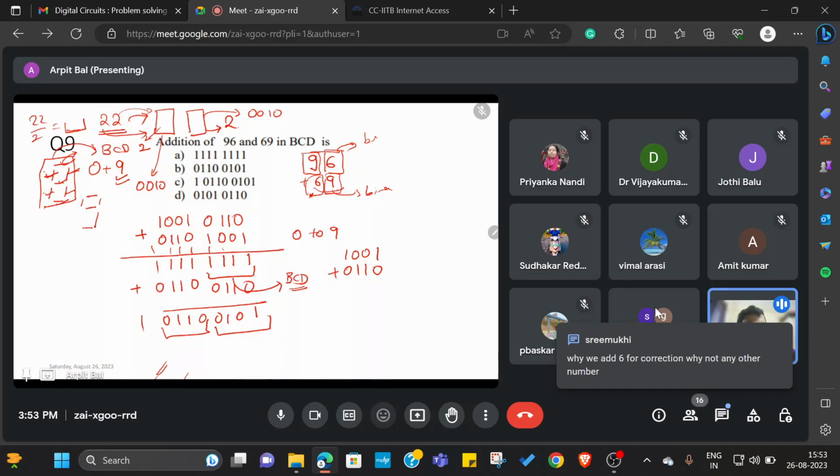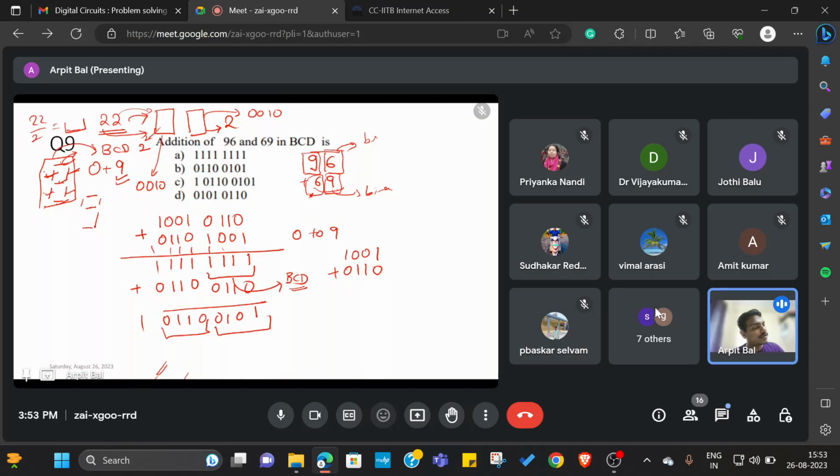Why do we add 6 for correction and not any other number? The maximum value that a 4-bit number can represent is 15, and the invalid numbers start from 10. 10 can't be represented in BCD, so 9 is the maximum number.